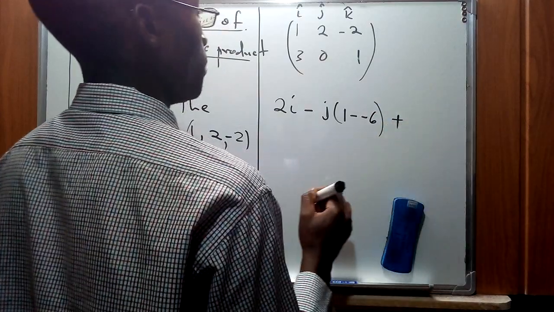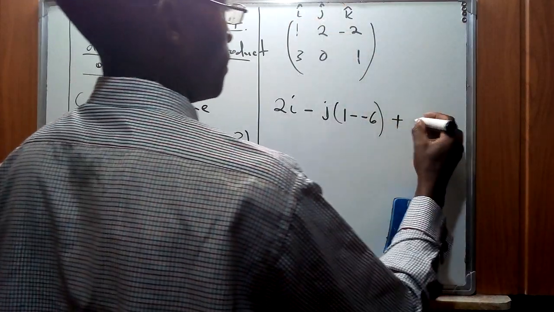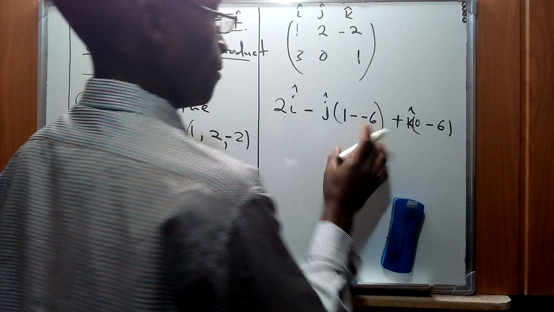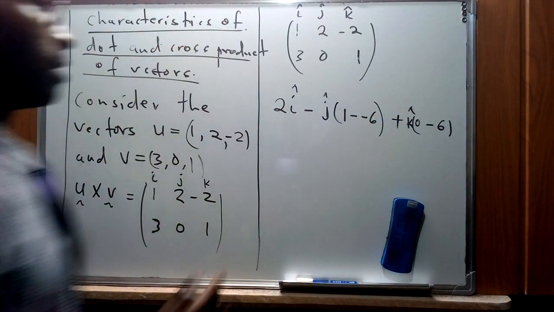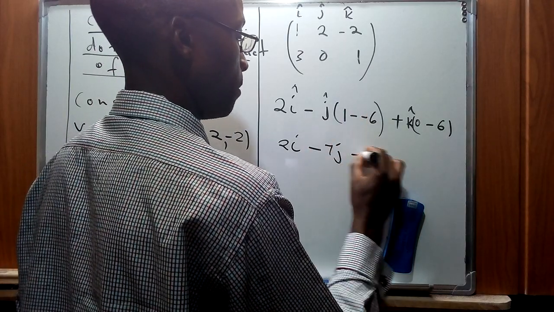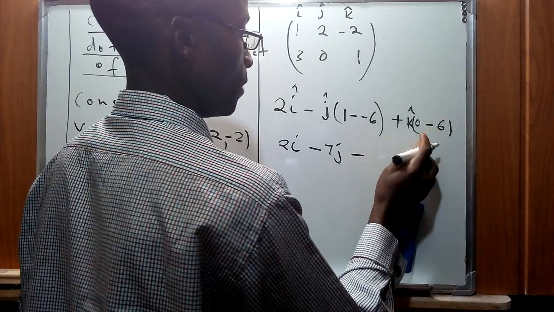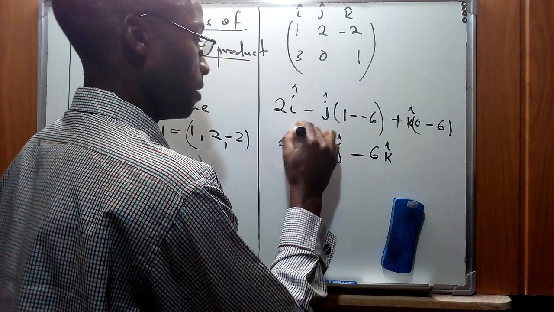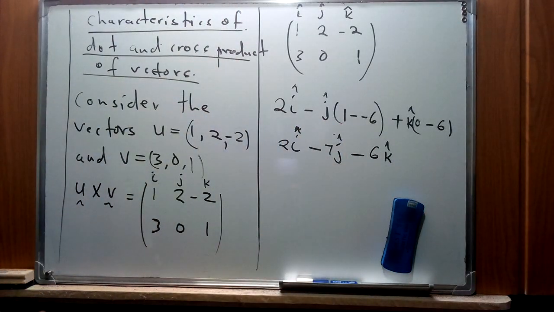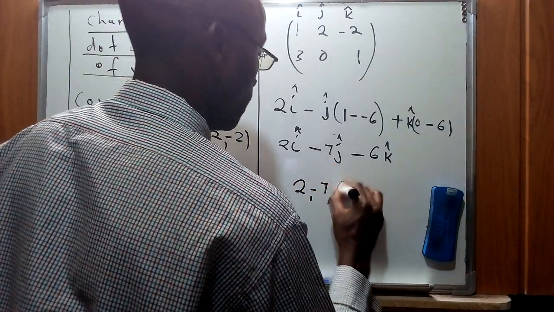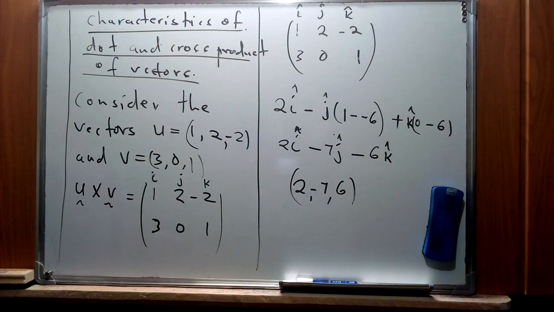Then plus, for the k component, 0 minus 6, which is minus 6k. So the resulting vector is (2, -7, -6) for the i, j, and k, or x, y, and z directions.